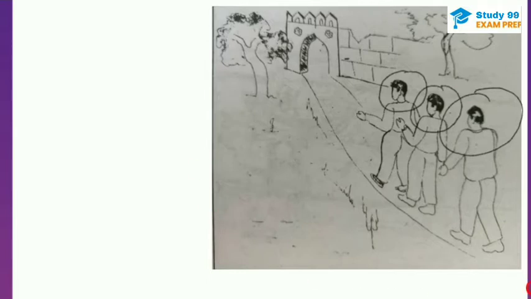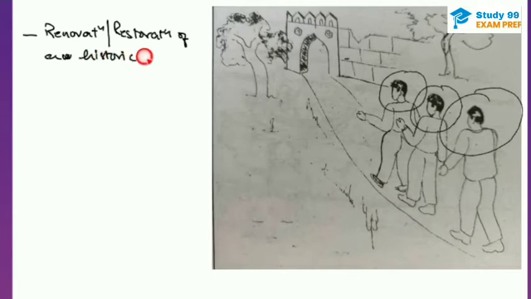Moving ahead to the next thing: we had different stories yesterday. The stories that you mentioned were regarding the renovation or restoration of a historical monument.